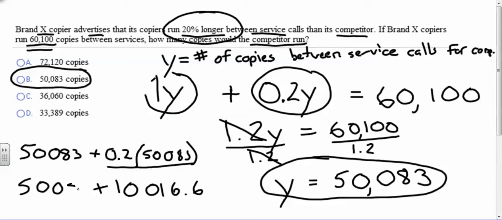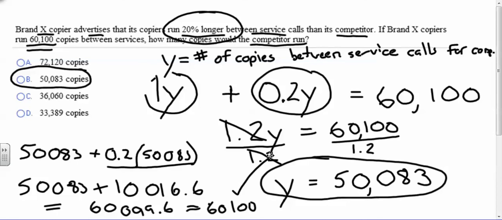So all we're doing here is checking to see if we have a reasonable answer. And if you add those, you get 60,099.6. And if you round to the nearest copy, that's 60,100. Check, because that's the number of copies between service calls for brand X.